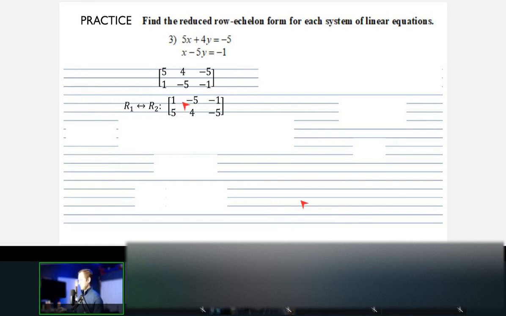So think about this. How can I add these 2 rows together to make this a 0? Go ahead and write the operation we're going to do in chat. Like, for example, are we going to do row 1 plus row 2? Would that make it a 0?